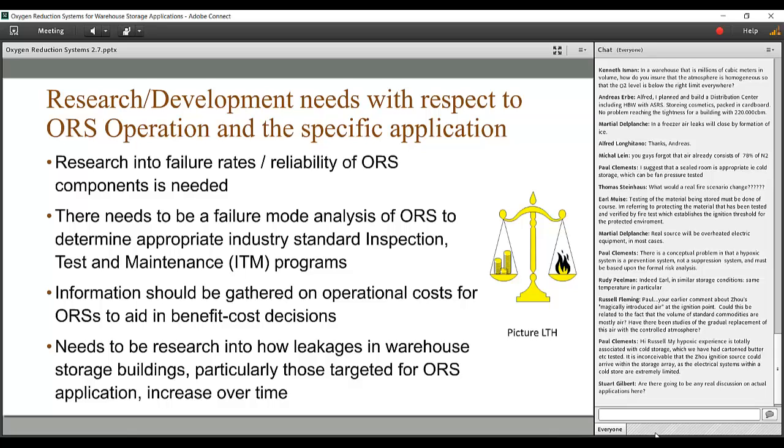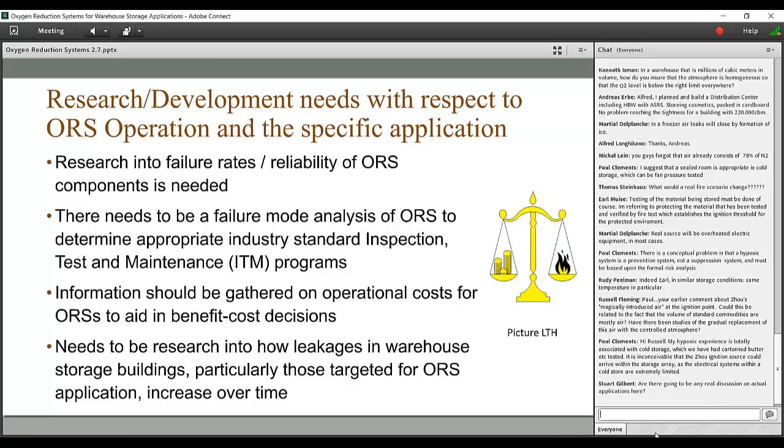The technique is new, so we still do not have enough data, but we have to gather this data in order to be able to do full risk assessments and reliability studies. There's also the need to get more failure mode analysis, connected to the need to determine appropriate industry standard inspection, test and maintenance programs and so on.